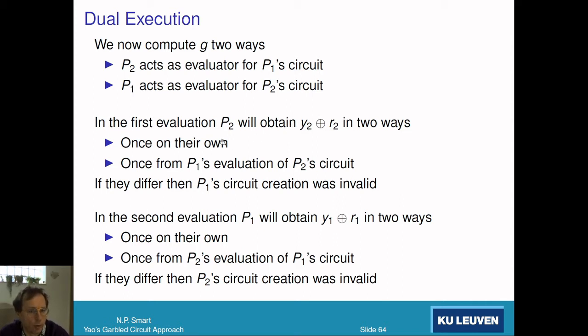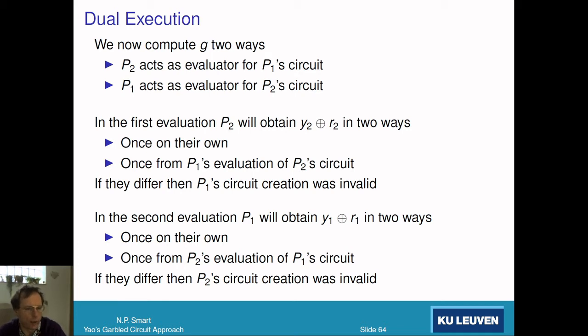Once on their own, and once from P1's evaluation of P2's circuit. Now, if these two values are different, then P1's circuit creation was invalid. And in the second evaluation, P1 is going to obtain y1 XOR r1 in two manners.